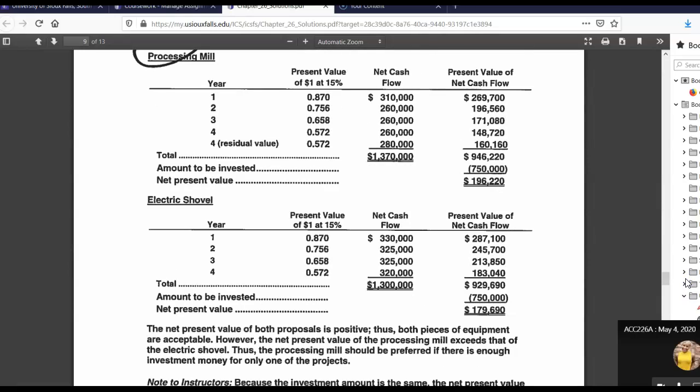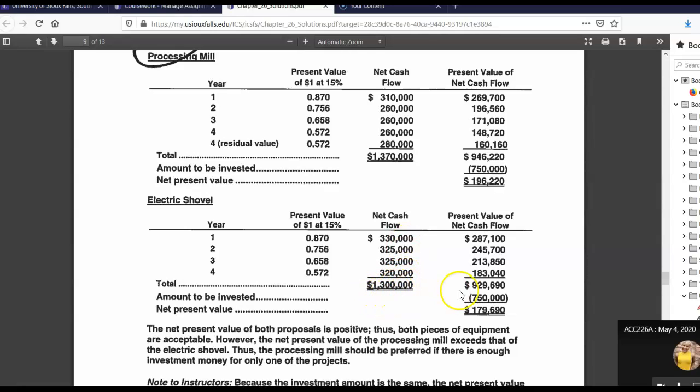So in this one, they only ask for the present values. Of course, it looks as if the processing mill will have a better rate, has to, right? Because it's nearly $20,000 greater from a present value standpoint. But the lesson to learn out of these two scenarios is you can't use the annuity table because it's different cash flows for every year.